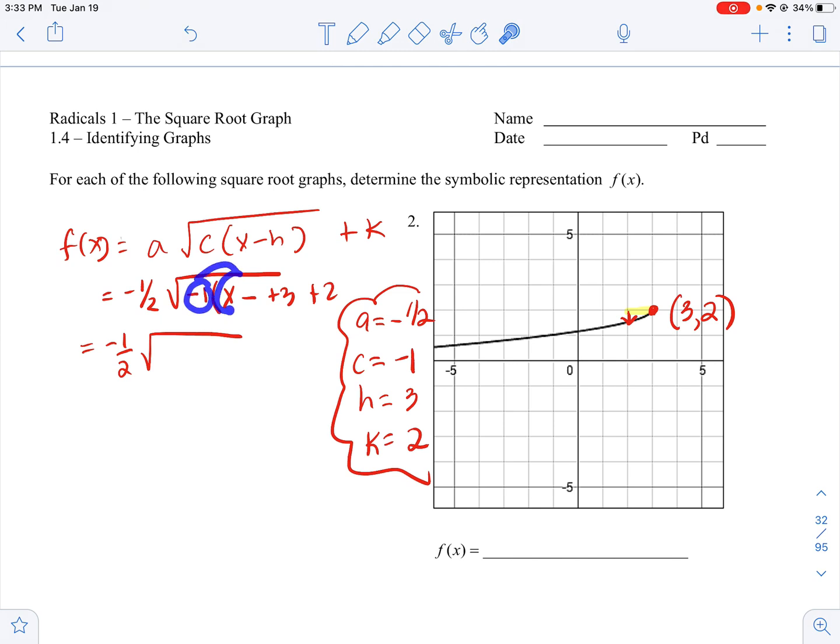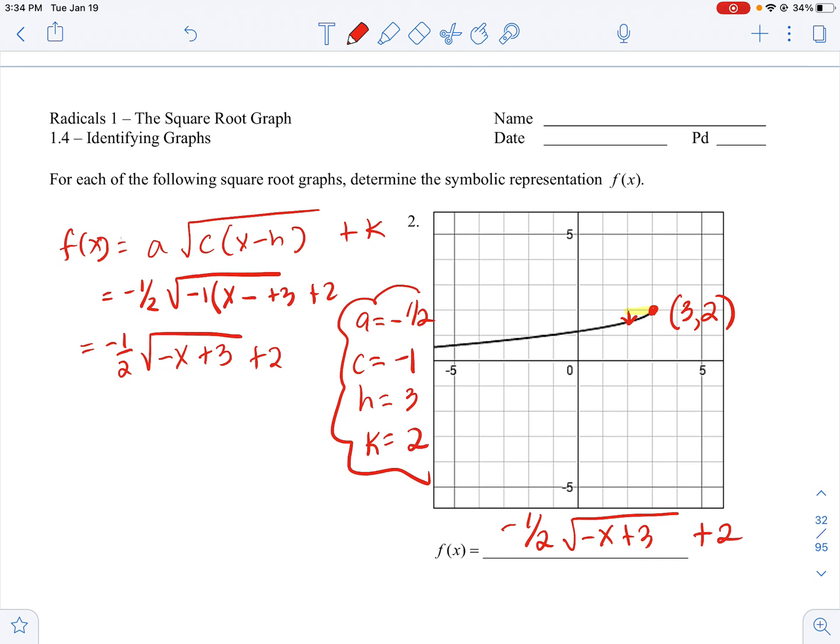If we multiply that to this x, that will become a negative x, right? And then we have a negative. If I multiply that to that negative, it'll become a positive 3. So our final answer is negative 1/2 square root of negative x plus 3 plus 2. Okay? All good?